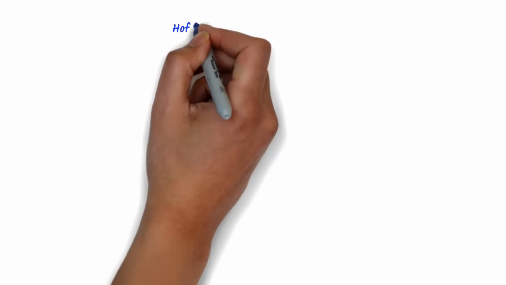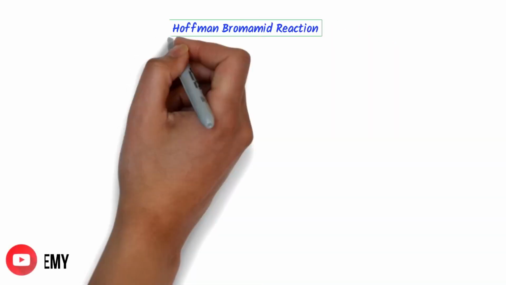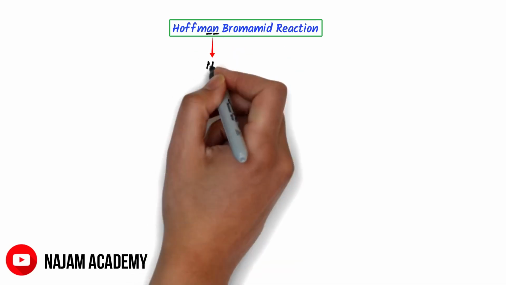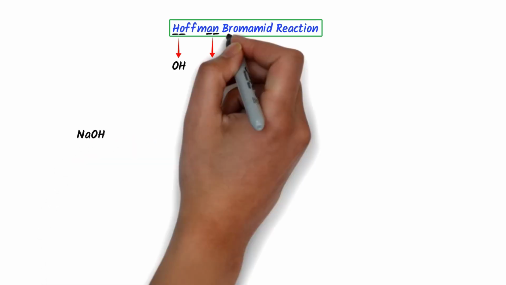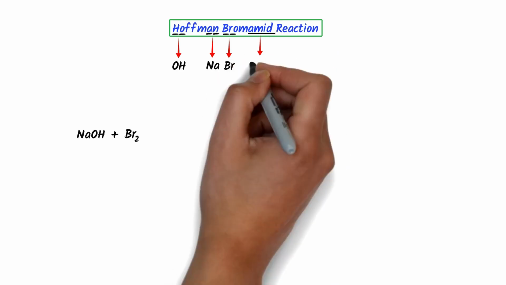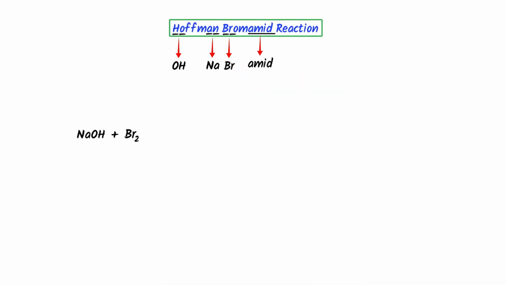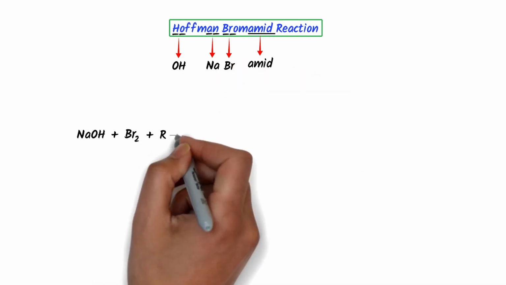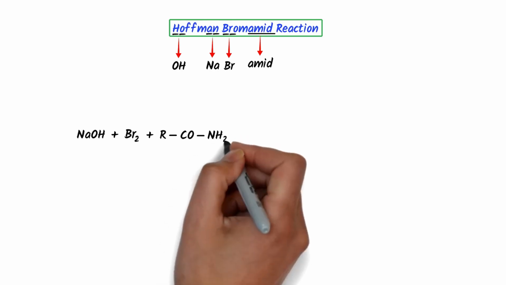Now let me teach you the Hofmann bromamide reaction. Well, I select Na and OH in Hofmann. I write it as sodium hydroxide. Plus I select Br in bromamide. I write bromine. Thirdly, I select amide in bromamide. We know that amide is R-CO-NH2.